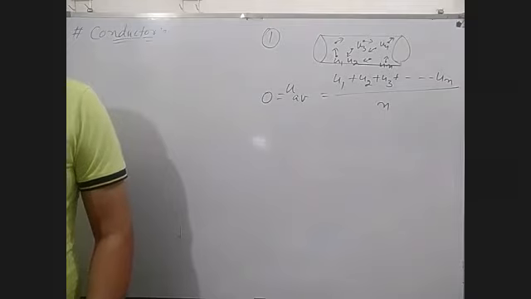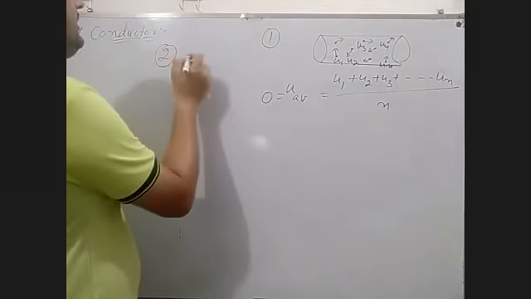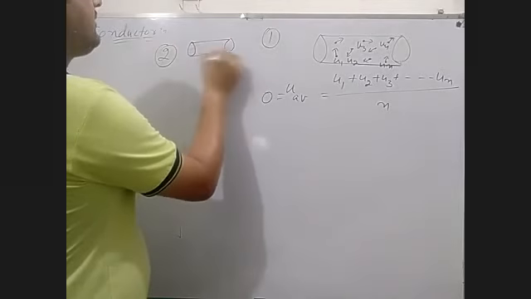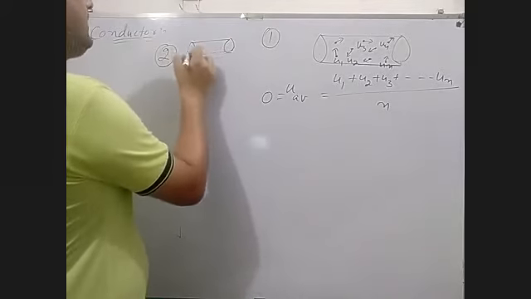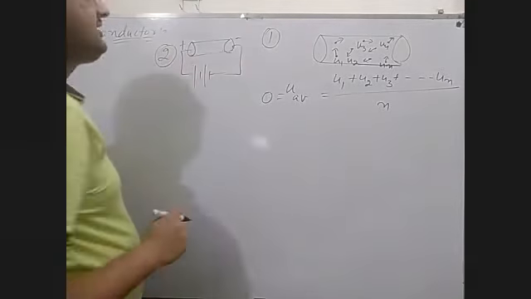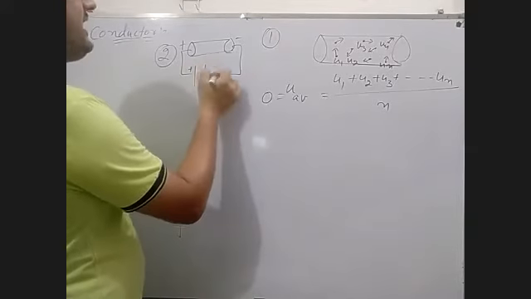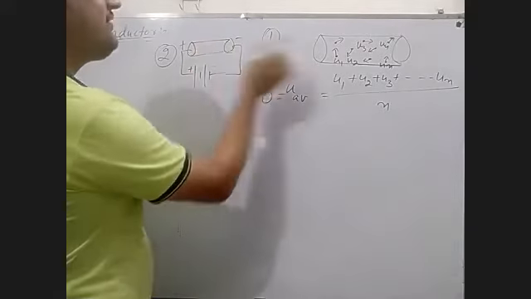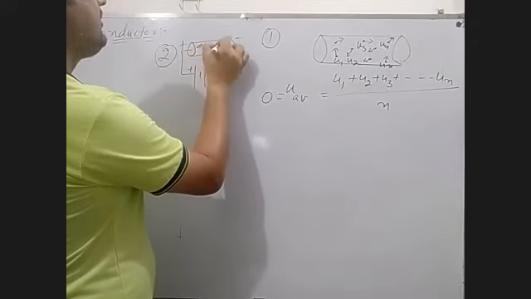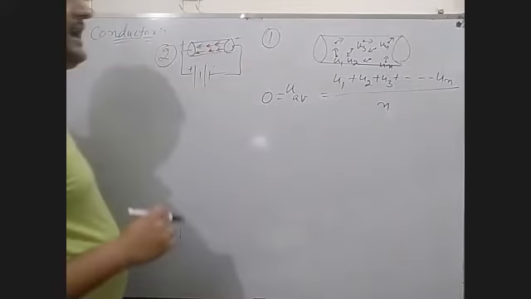Second thing, if a conductor has current, suppose this end is connected with positive and this end we connect with the negative end of the battery, then these free electrons move towards the positive end like this.